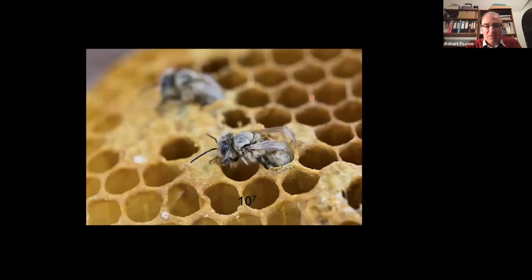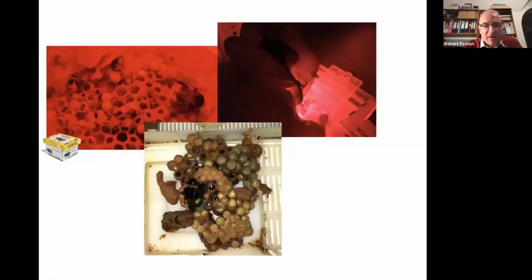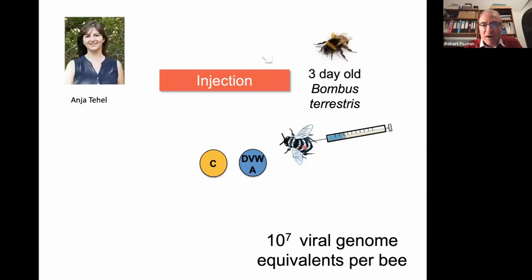We have taken freshly emerged honeybees, and then we have injected them with virus, with our viral inoculum, so that we have infected honeybees. And then we have taken bumblebees from commercial Bombus terrestris colonies that we bought, and we have injected them as well with virus.